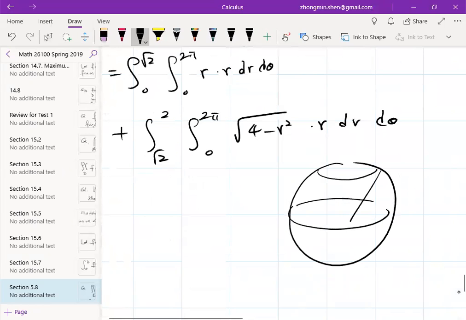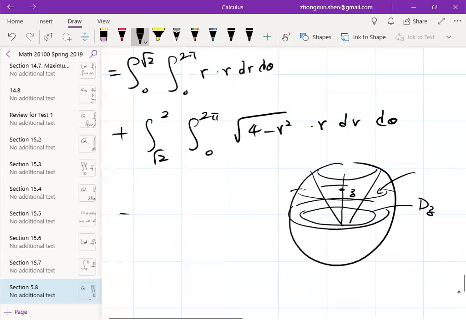Okay, this is a cone, right? You can go in this way. You choose a z first, then you determine each disk in the space, as this is a z. So the corresponding piece here is called dz.